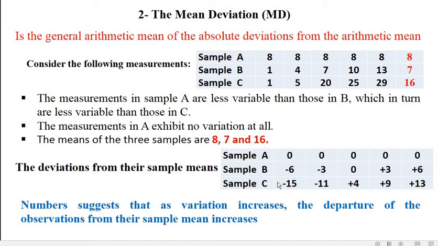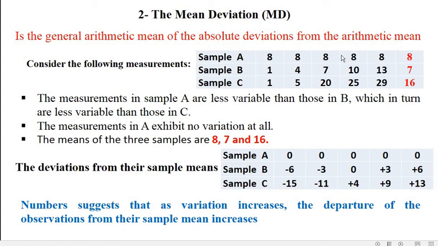We have to know that the measurements in sample A are less variable than sample B. 8, 8, 8, 8: there is no variation between these measurements, all are 8, while in sample B they are 1, 4, 7, 10, 13.